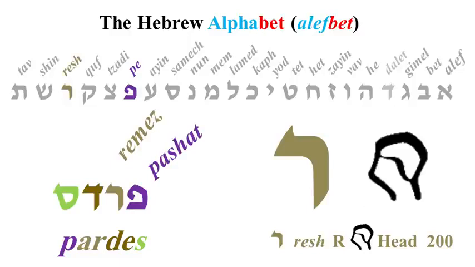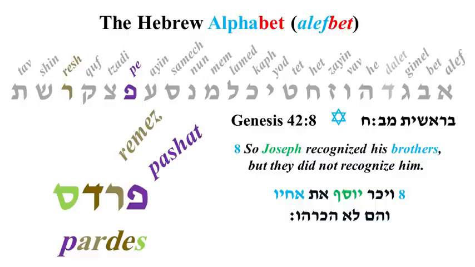Now, the Remez level. There's a hint of something else happening here. They did go down to buy the grain, and in Genesis 42:8, they're standing before their brother, and it says, "So Joseph recognized his brothers, but they did not recognize him." Why didn't the brothers recognize Joseph?